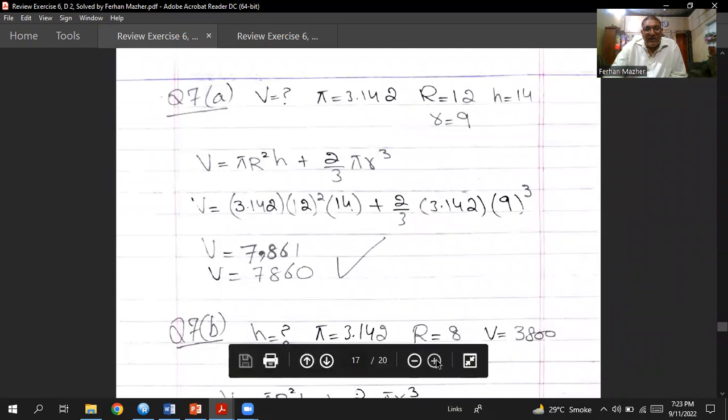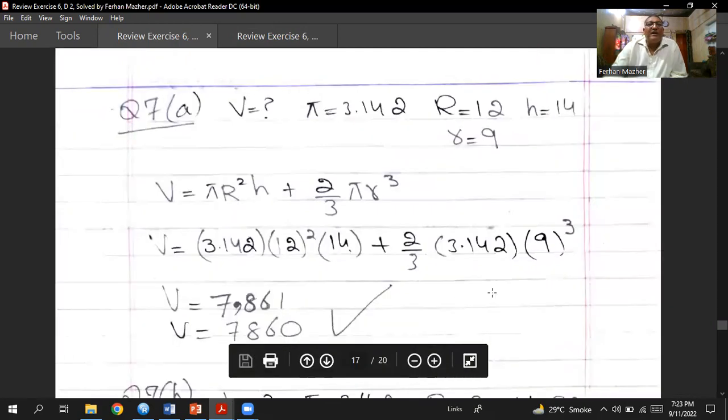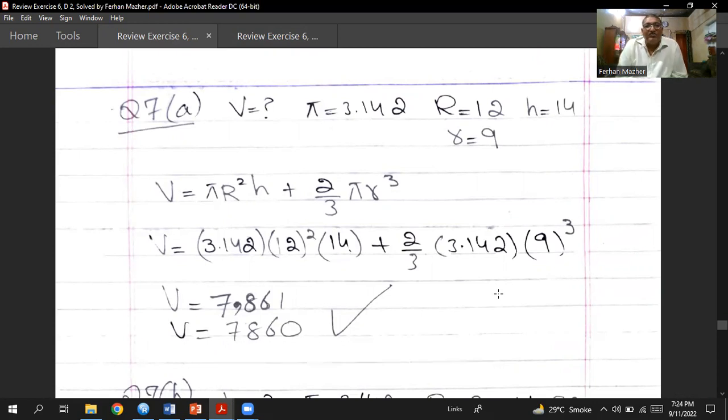Okay, so we are at question number 7, A part. It says V is equal to volume is equal to pi r square h plus 2 by 3 pi r cube. So just put the values there. We want the value of V. Pi is 3.142 multiply 12 square multiply 14 plus 2 by 3 into 3.142 multiply 9 cube. Just enter these values as they are in your calculator.